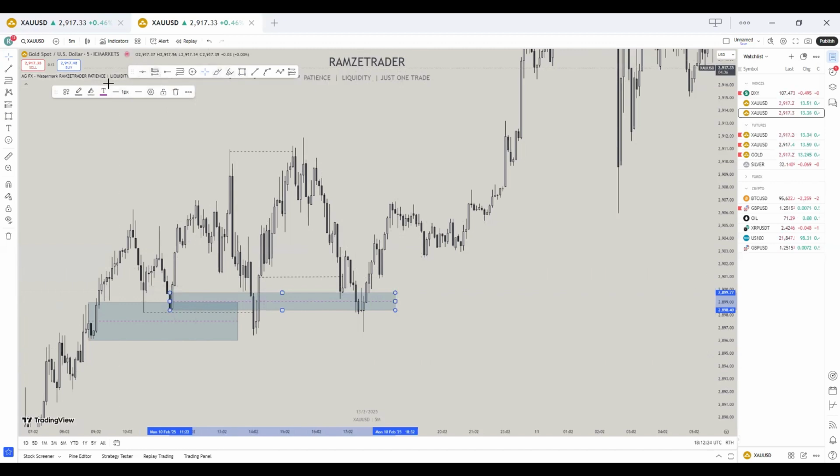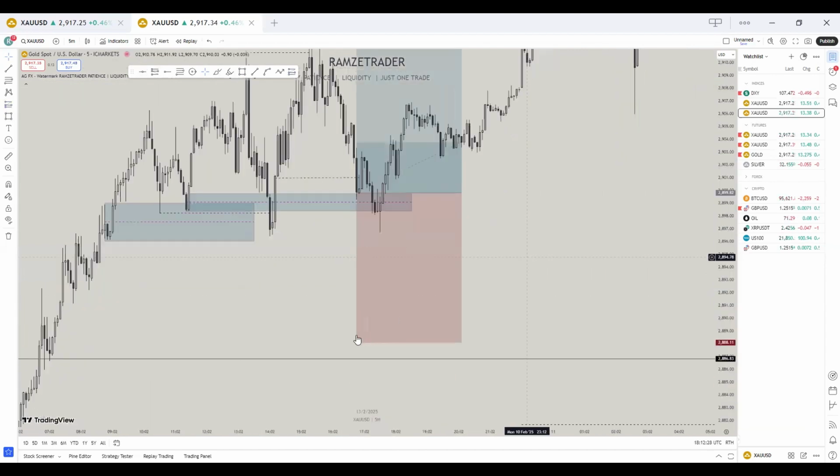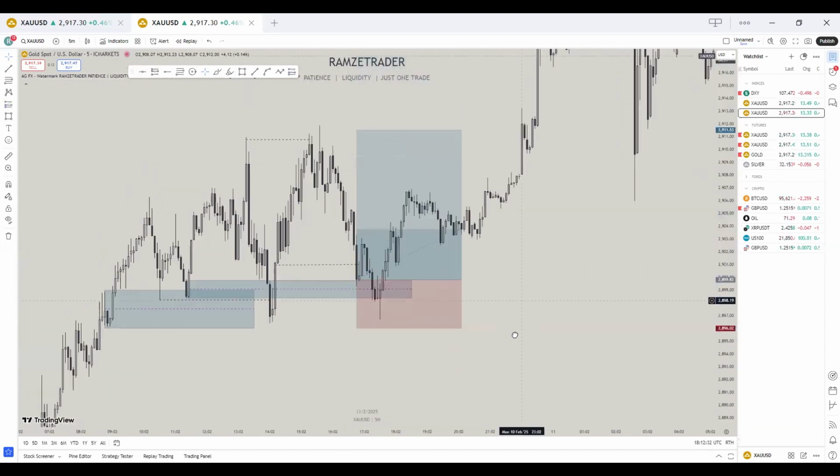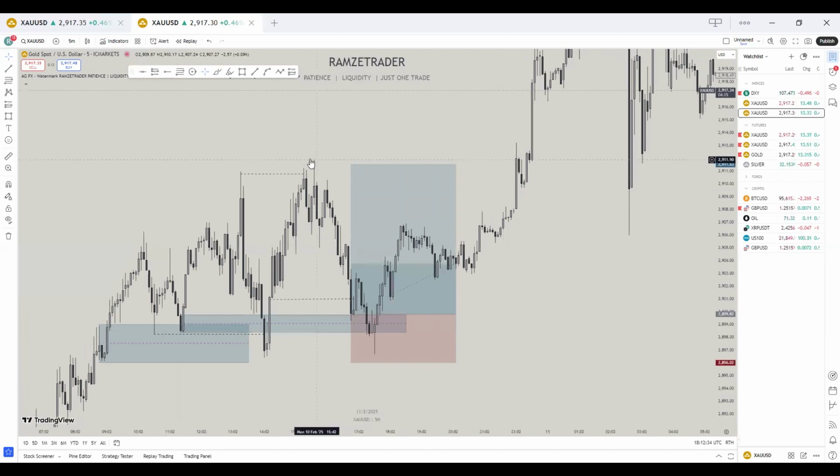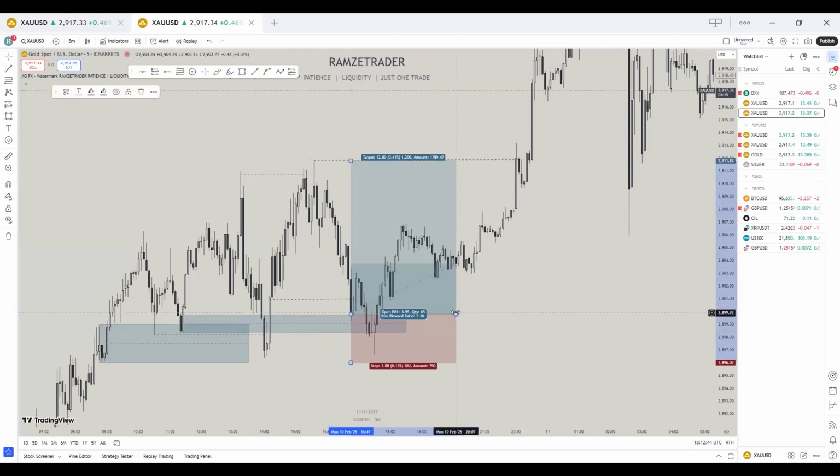And after that, you see market did a pullback and my SL was right here. Market did a pullback, then this was my main TP and the rest was left to be open because I really knew gold would actually move up. So this was my first TP. Then a straight 1:3.